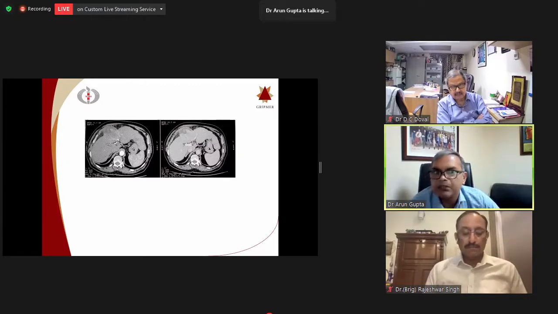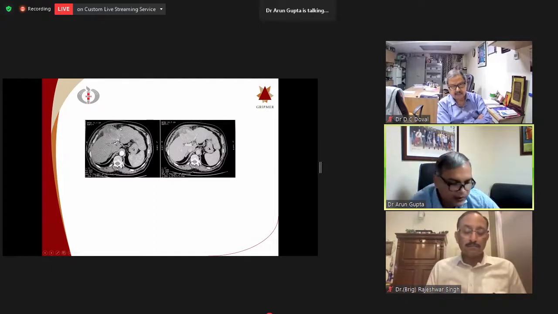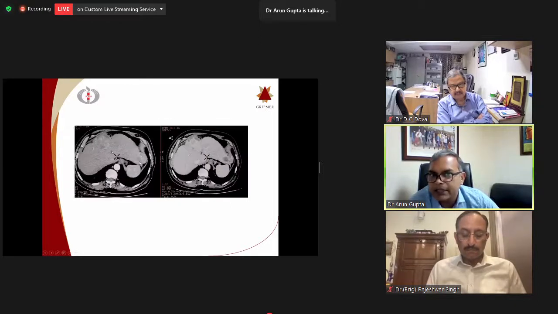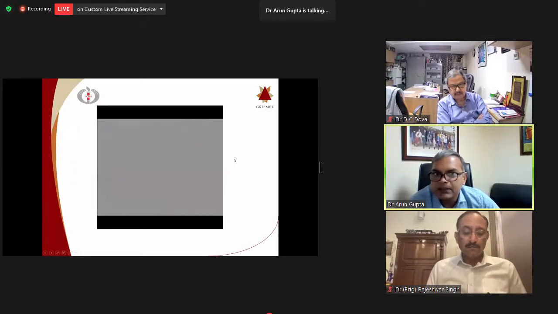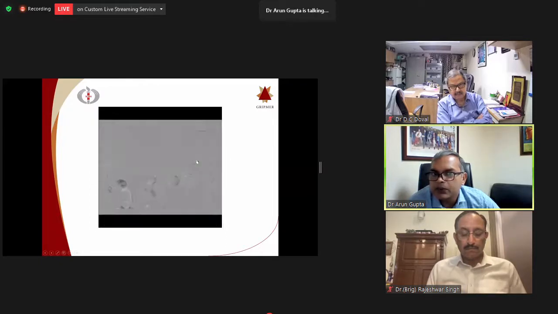I'll show you with an example. This is a big HCC, about 7 centimeters. You can see the fat stranding around it because it has ruptured also. So it was not a transplant candidate. Another lesion in segment 2 HCC is also seen. We can see there is a big tumor in the right lobe in the segment 4 area and also in the segment 2 area.